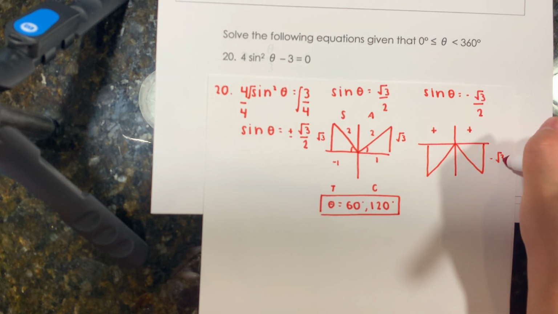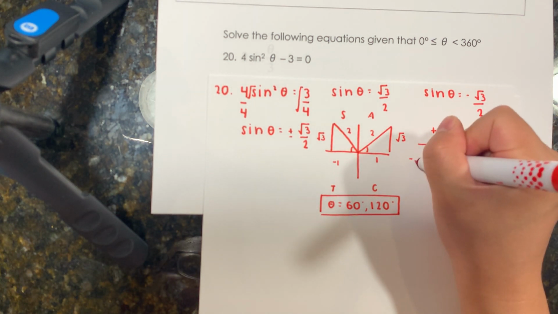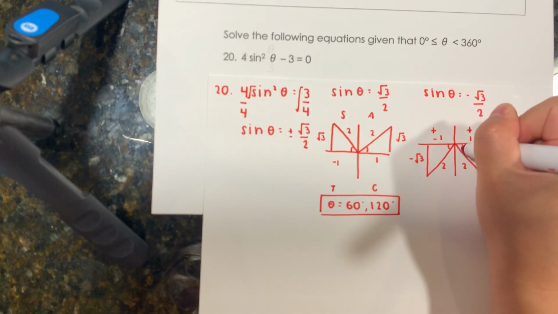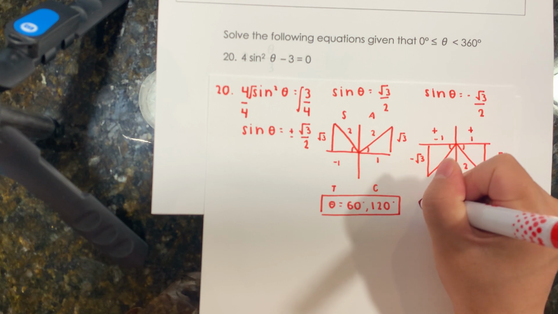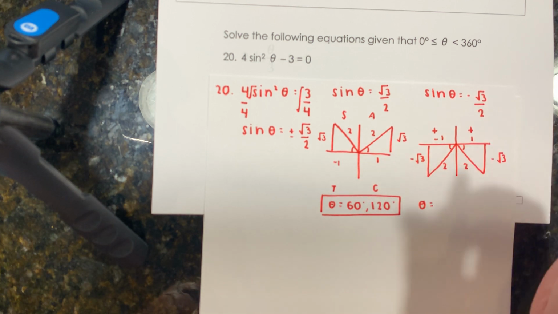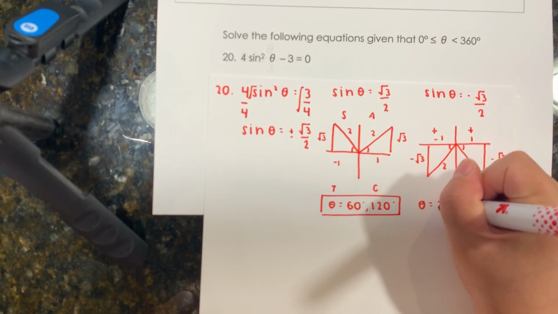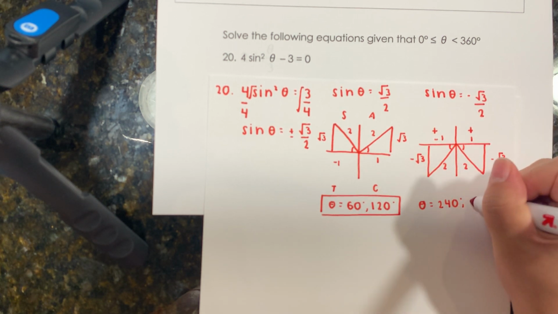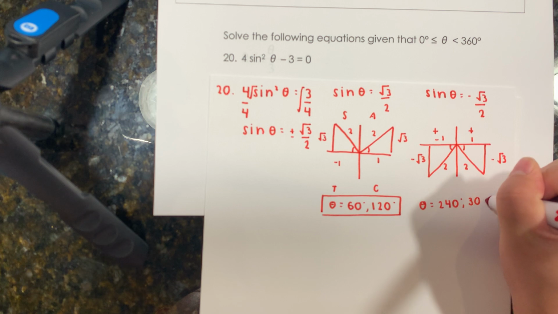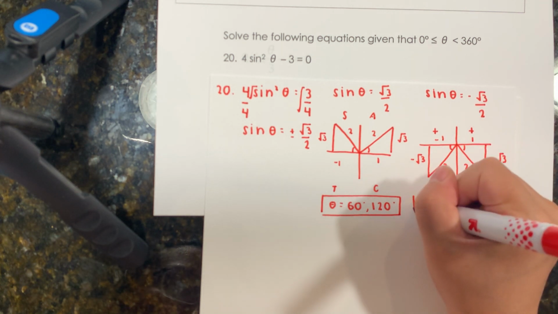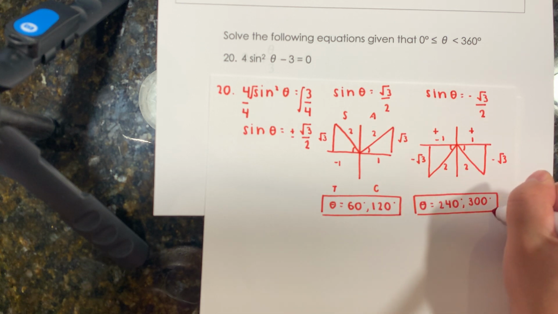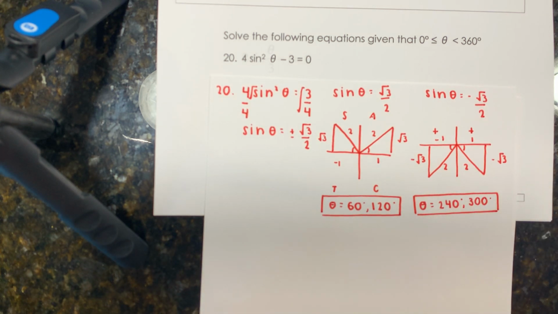So opposite, hypotenuse. This angle is also 60 degrees. So in quadrant 3, I'm going to add it to 180, and that would be 240. And then in quadrant 4, I'm going to get 300. And that would be number 20.